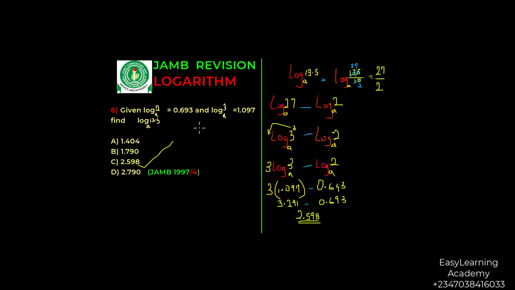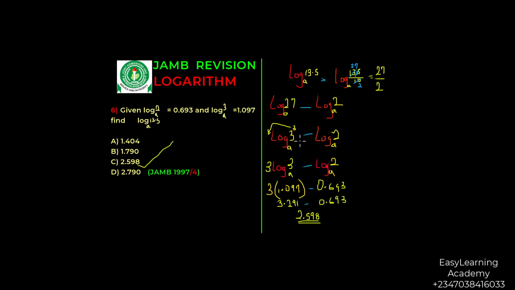All right, so what we were given here was for us to find log 13.5 base a, and we were given the values of log 2 base a and log 3 base a. To solve this, we changed it to a fraction, 135 over 10, and breaking it down, we have 27 over 2. Rewriting it in logarithm form, because it's division, we subtract. We now have log 27 base a minus log 2 base a. But we cannot substitute the values right now because we don't have the value of 27, rather we have the value of 3.